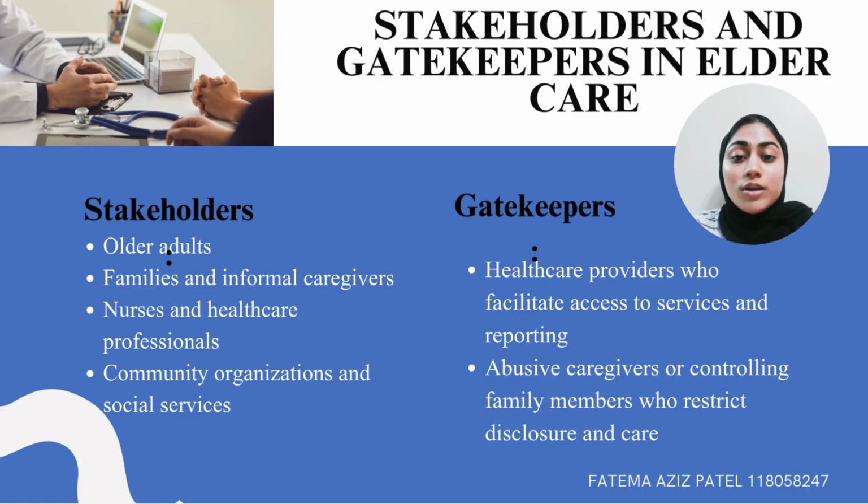These include older adults themselves, their families, informal caregivers, nurses and other healthcare professionals involved in care, and also community organizations. Each of these groups plays an important role in either supporting or influencing the well-being of older adults.